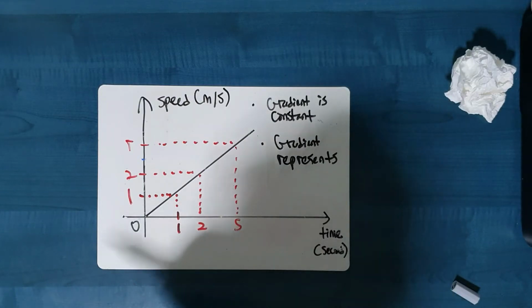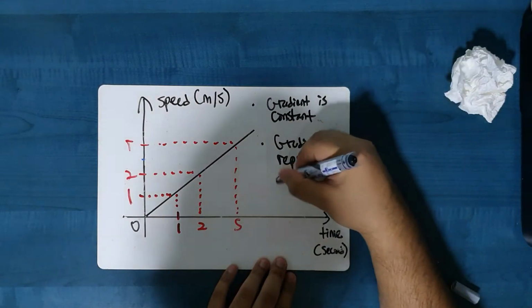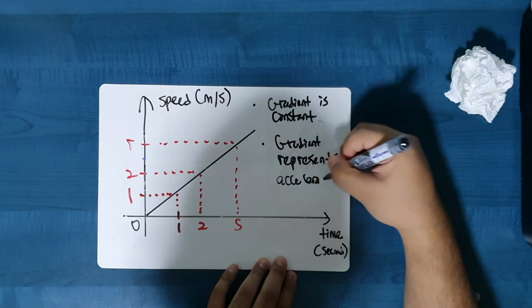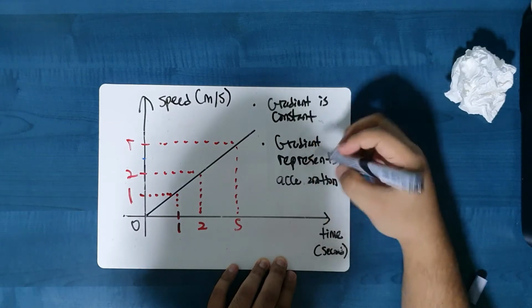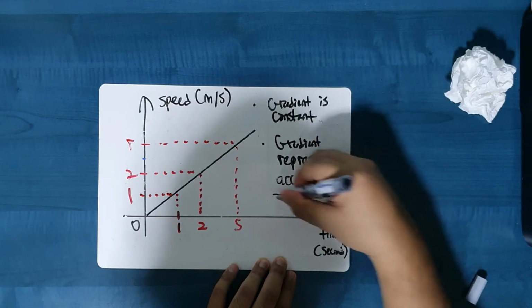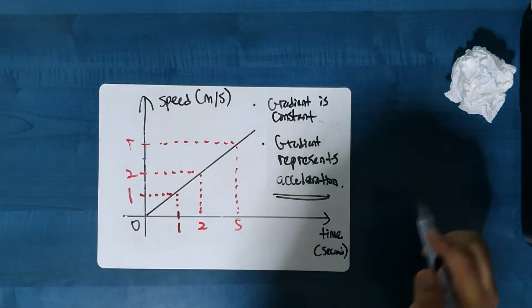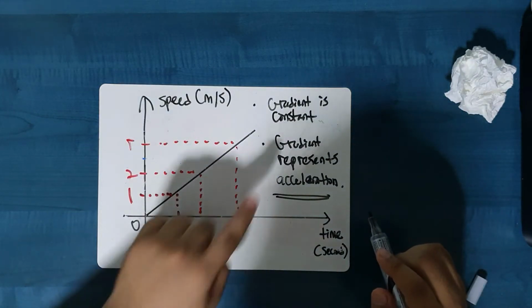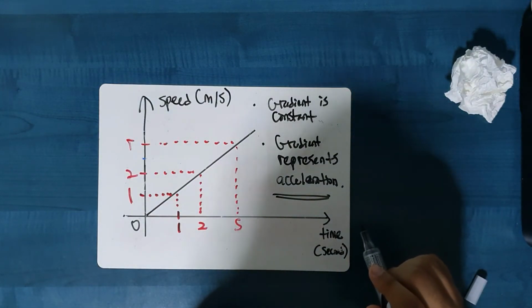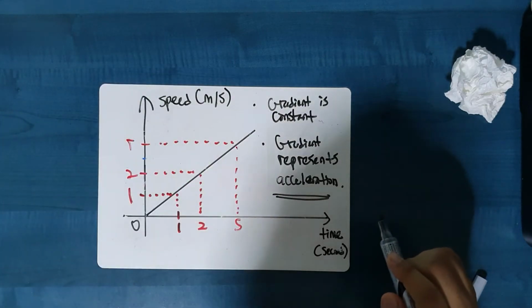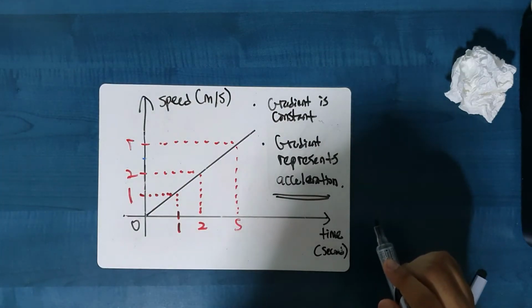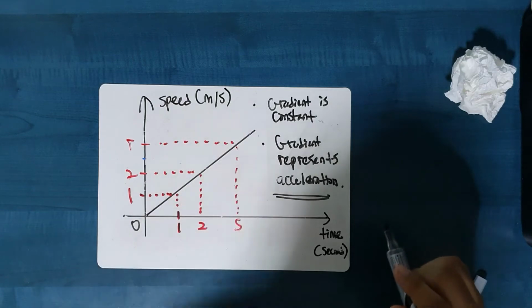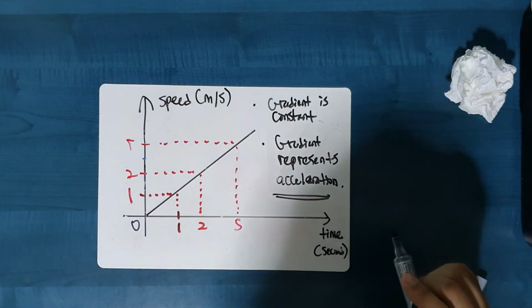If you think carefully, that means acceleration. So in a speed time graph, the gradient represents acceleration. Remember, in a distance time graph, the gradient represents speed. Over here, the gradient represents acceleration.